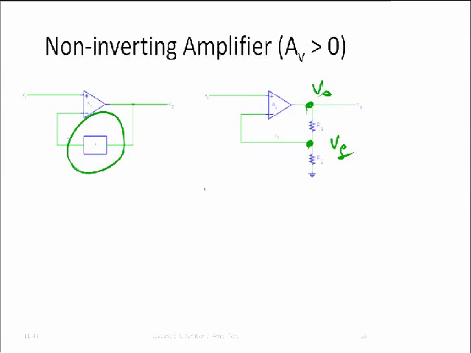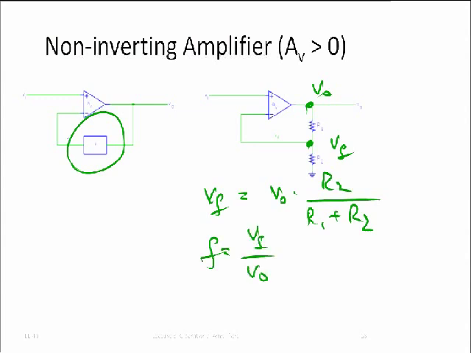Now again, that's something which by now probably you can write right away. You can write VF is equal to V out times R2 over R1 plus R2, okay? And therefore F, which is equal to Vf over V out, is equal to R2 over R1 plus R2, or, well, 1 over F, which is equal to AV, what's that?